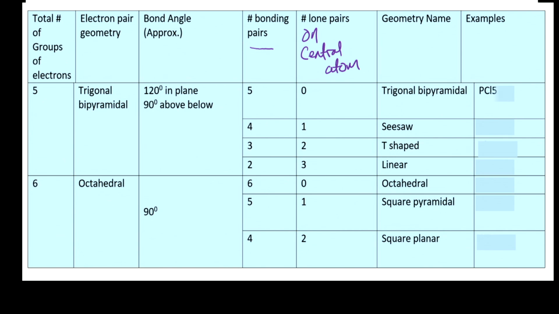So first, for trigonal bipyramidal was PCl5, our seesaw was SF4, T-shaped was ClF3, linear is XeF2, octahedral was SF6, square pyramidal was BrF5, and lastly we had our square planar where we had 4 bonding pairs and 2 lone pairs giving us a square planar, and our example was XeF4.